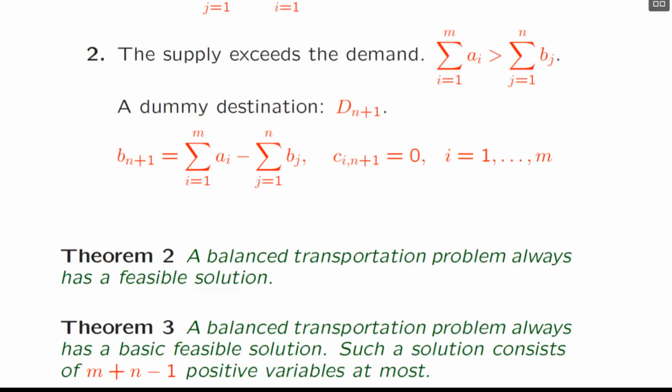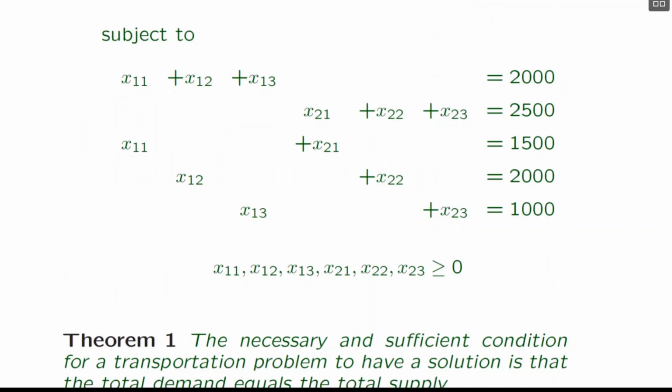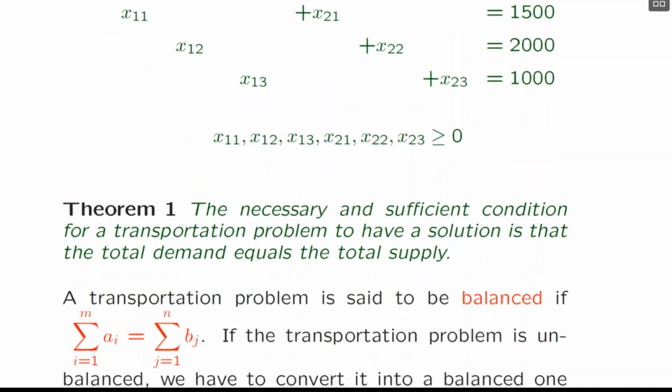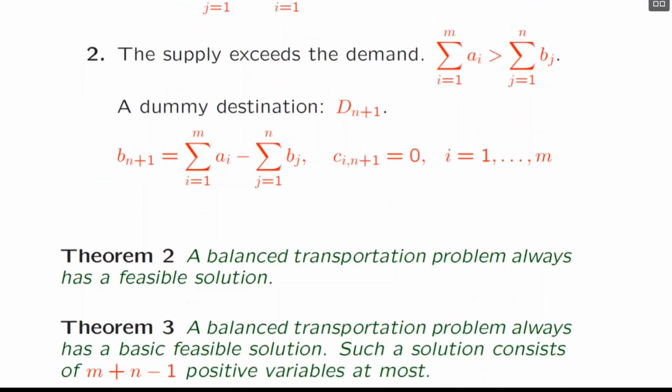That is, among the variables we choose in the linear programming formulation, x11, x12, x13 up to xmn, a total of mn variables, at most m plus n minus 1 variables can be at strictly positive value, and the others will be 0.